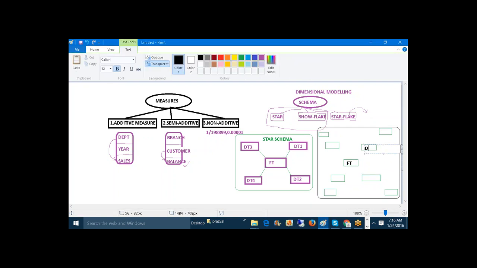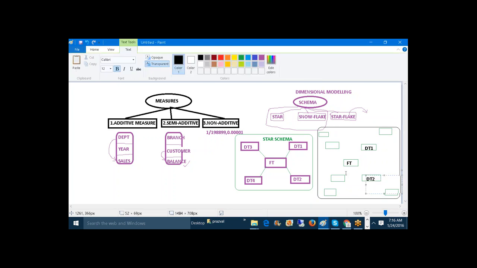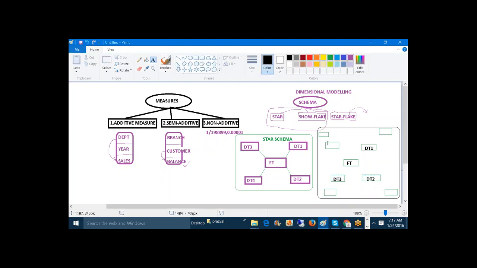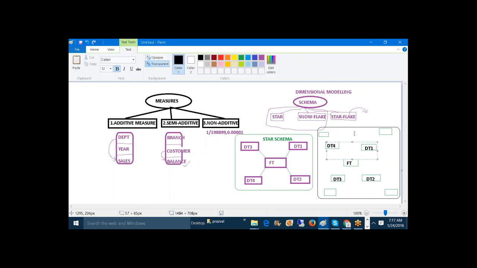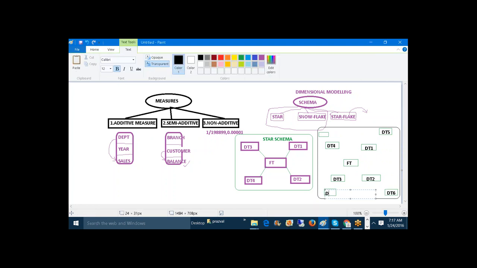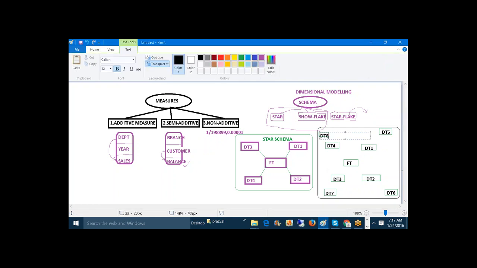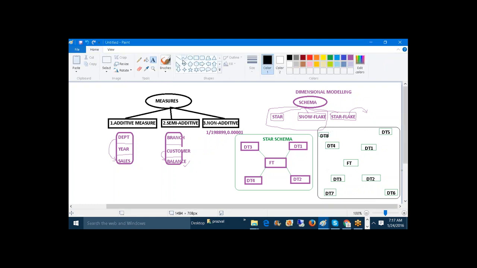The fact table is surrounded by some dimensions DT1, DT2, DT3 and DT4, and here we also have some other dimensions like DT5, DT6, DT7 and DT8.